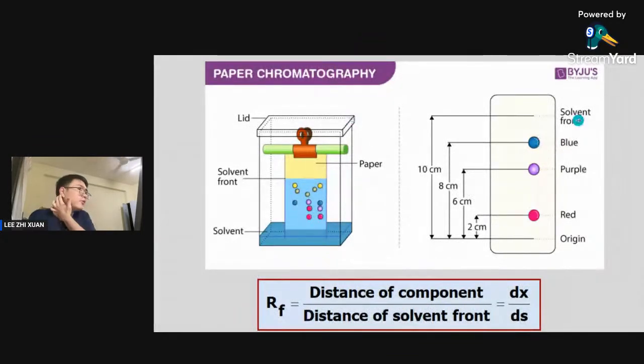Because this paper chromatography is normally made up of polar molecules. So normally this one is a highly polar molecule. Yeah, betul.